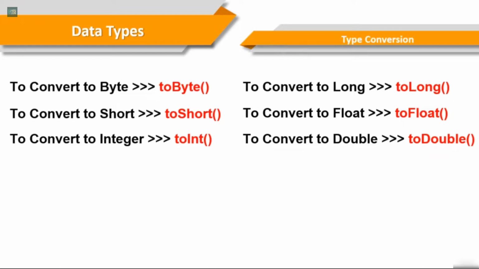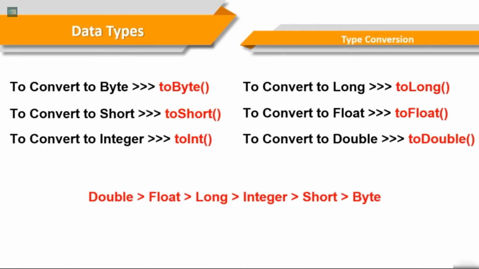Now, of course, there is another thing that you got to pay attention to. You remember I shared the sizes of data types in the previous lesson? So let me just remind you once again here, the largest of the data types is double, then float, then long, then integer, then short, then byte. So if you convert a small value to a large value, there's not going to be a problem.